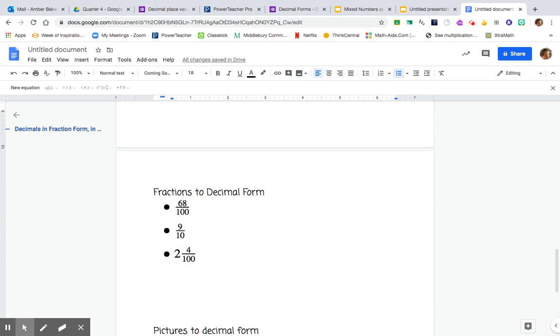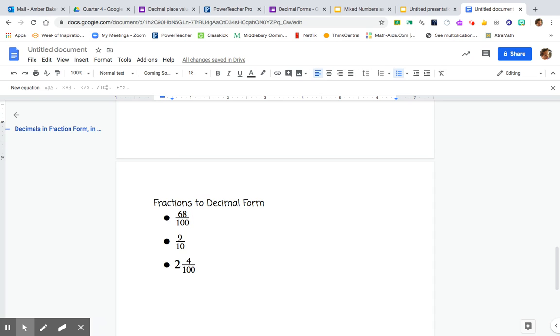What if I have these fractions and I want to put them in decimal form? Okay, well, again, you say the fraction, 8 hundredths, and then you write 0.08. Say the fraction 9/10, and make sure the 9 is in the tenths place value, 0.9. It wouldn't be 0.09 because we said tenths, so make sure the 9's in the tenths place.